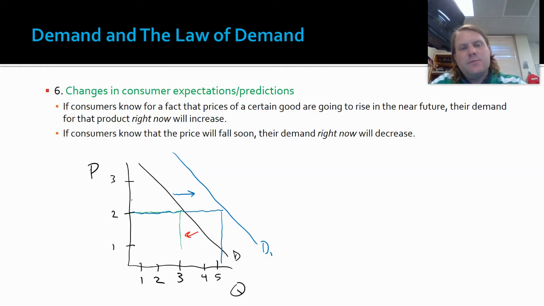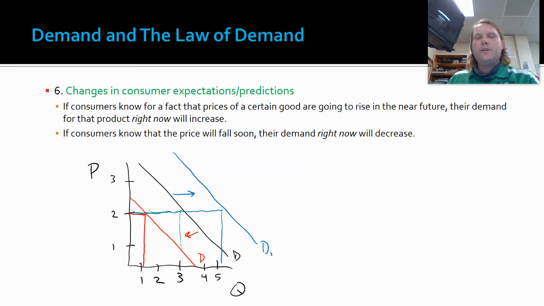So let's say I make less money and I have less demand. Well, if I decrease my demand at $2, I can only demand one product at this particular point. And so all we're predicting is saying, if we increase our demand, we're going to want to buy more stuff at the same price. If for whatever reason we decrease our demand, we're going to want to buy less at that given price. And we can show it on a graph.